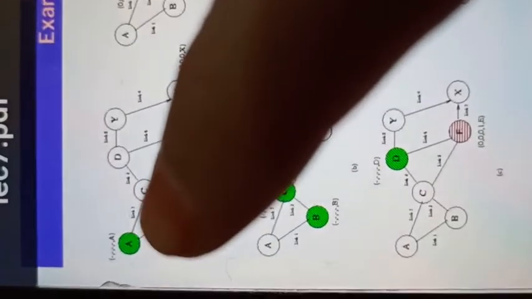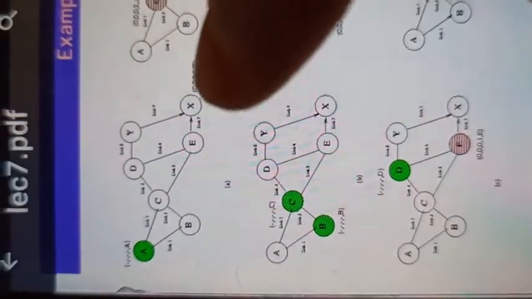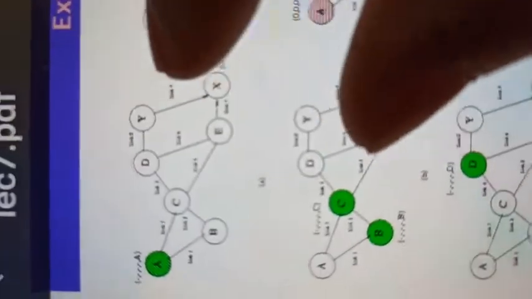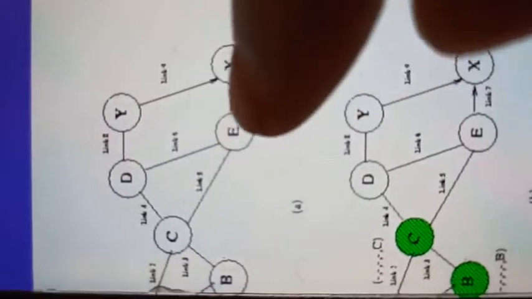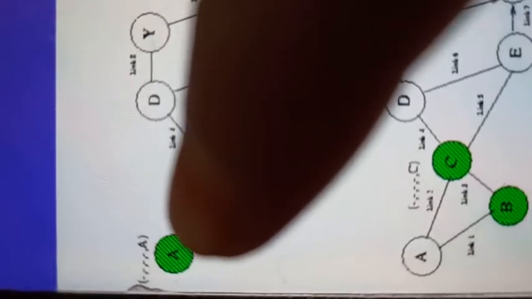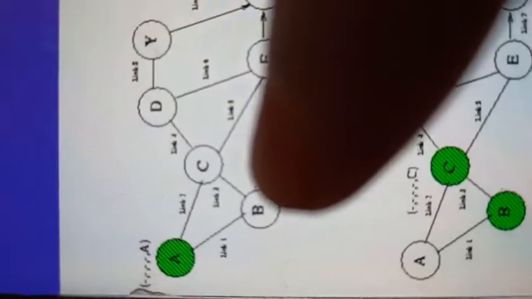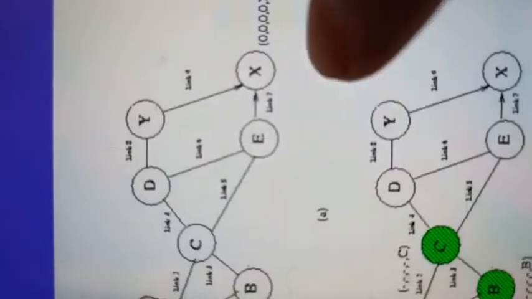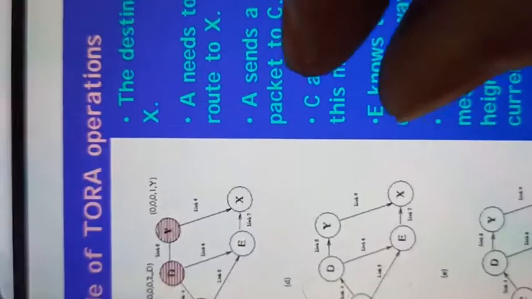This is the source node, and this is the quintuple of the source node, and for every link we give it in this way. So this is the height for each and every node that we calculated.